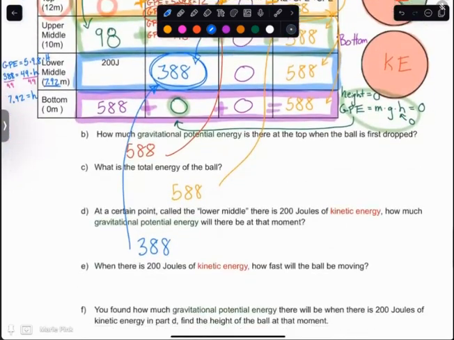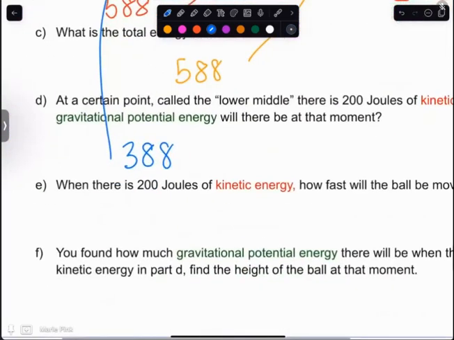We have to look at the kinetic energy equation. Kinetic energy is equal to 1/2 times mass times velocity squared. Our kinetic energy is 200. That's going to be equal to 1/2 times my mass, 5, times v squared. I'm going to give you guys a hint. I can move the 1/2 over and then move the 5 over.